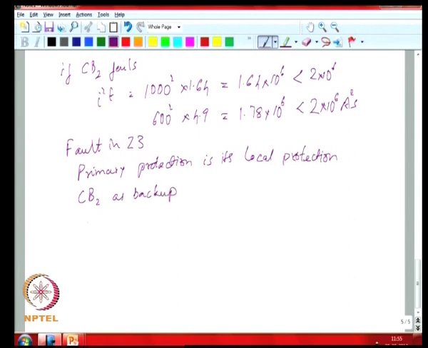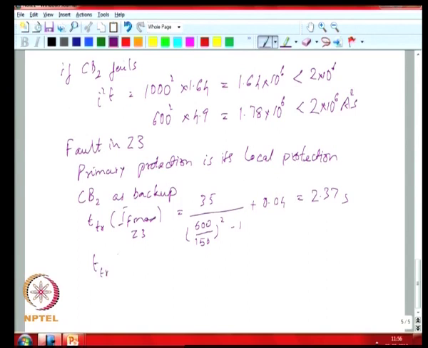And if you look at now your trip time for IF max in zone 3, you have 35 divided by, and if you look at your trip time at IF min in zone 3, your current level is now 450 amps.